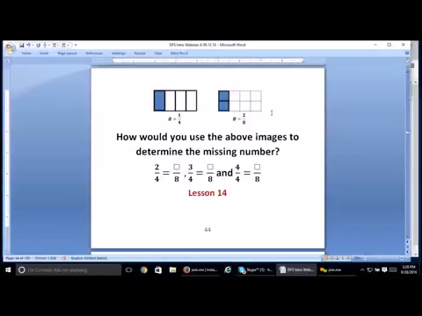Okay, so we want the students to use the actual concrete or pictorial images to figure out these problems. And notice that as they're doing that, they're reinforcing the idea that an 8th is smaller than a 4th, right? That's taking place automatically.